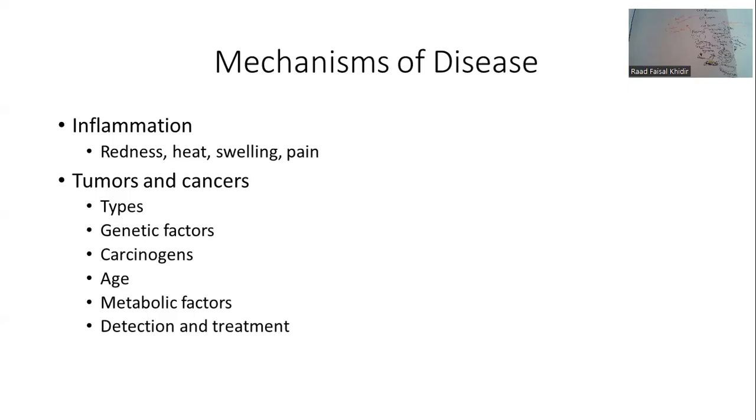And that causes the swelling. And functio laesa, meaning loss of function, so the tissue that is hot, painful, inflamed, is not going to be able to do its function. If you cut your hand, you're not going to be able to use it. You're going to be able to use the other one. You're going to lose function. So if you have these 5 signs, these are the signs of inflammation.